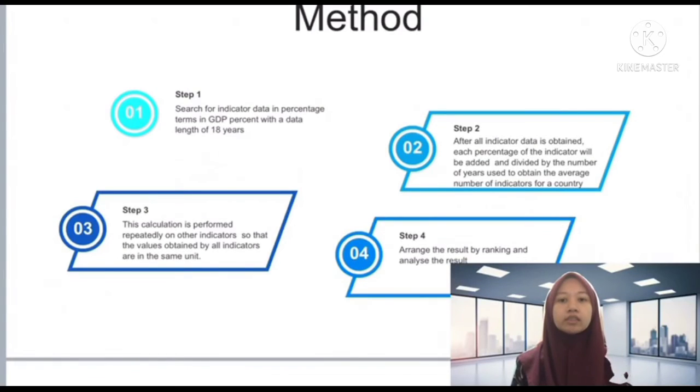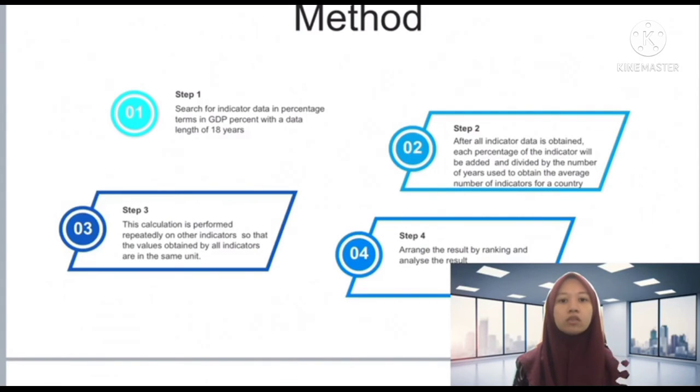Okay, now I will explain what steps or method used to calculate the international risk. Step 1, we start the search for the indicator data in percentage terms, GDP percent, for 18 years, that is 2001 to 2019.